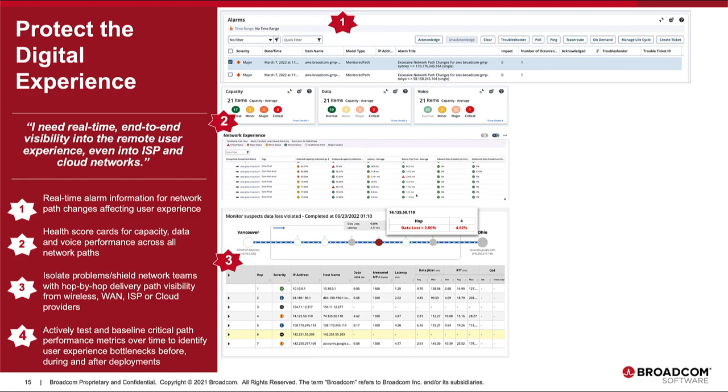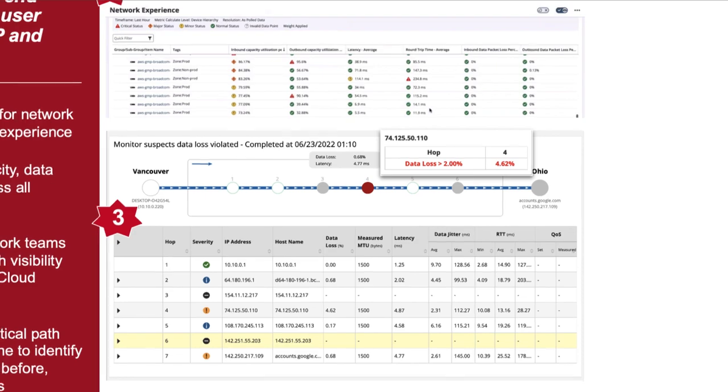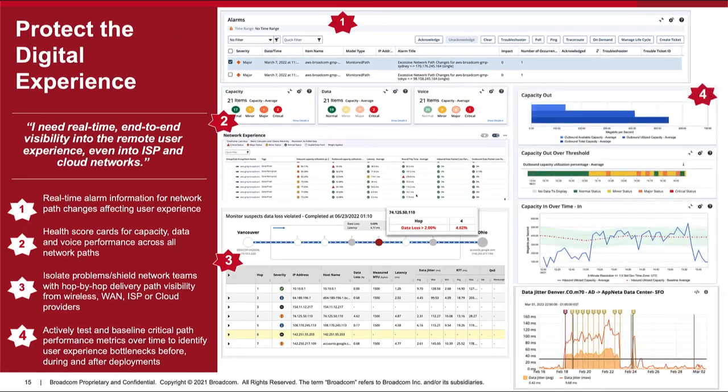Here we see this is an ISP device with a threshold breached of data loss. So immediately understanding an excessive network path change alarm has come in. We then move to what the network path looks like from a health standpoint, and we've easily then understood and isolated the specific network device inside of this ISP network that is affecting the user experience.